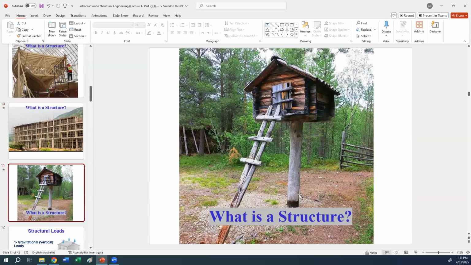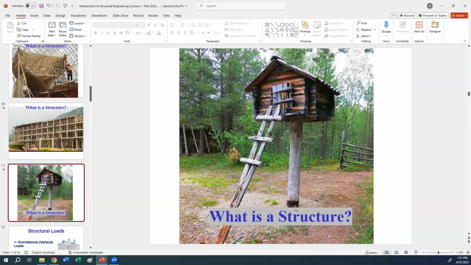And this is another simple one, like a birdhouse, which can be considered also as a structure. It is made from timber. So all of these buildings can be considered as structures because they are resisting and supporting loads and transferring loads to the ground.